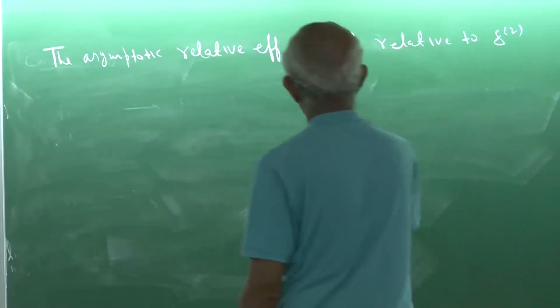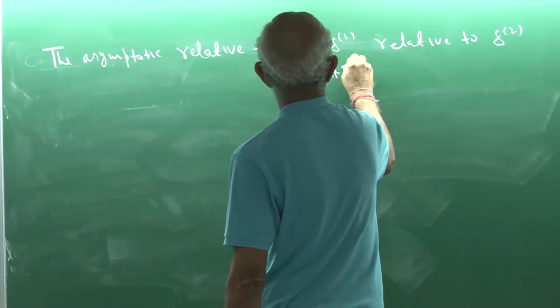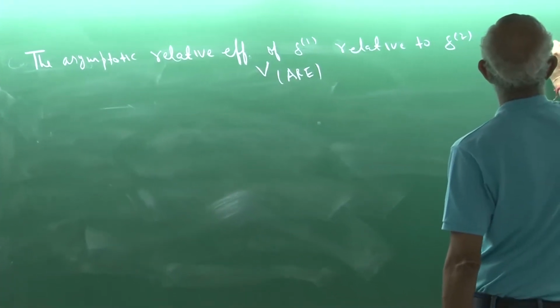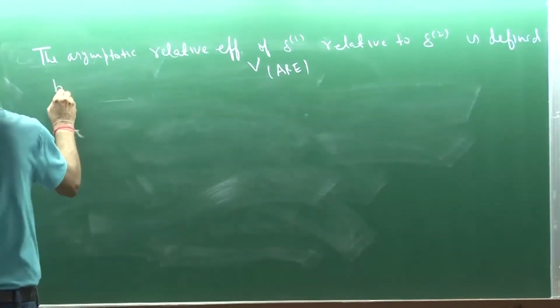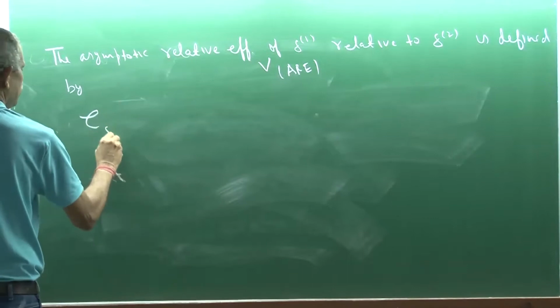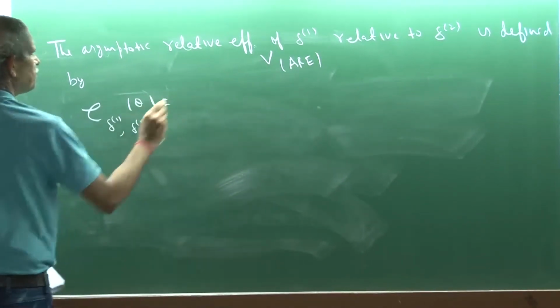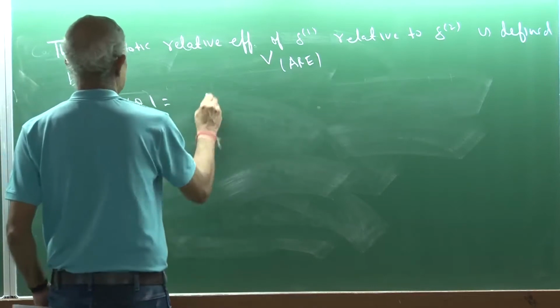Sometimes I also call this ARE. It is defined by, let me call it E delta 1 delta 2 theta, as the limit as n goes to infinity.